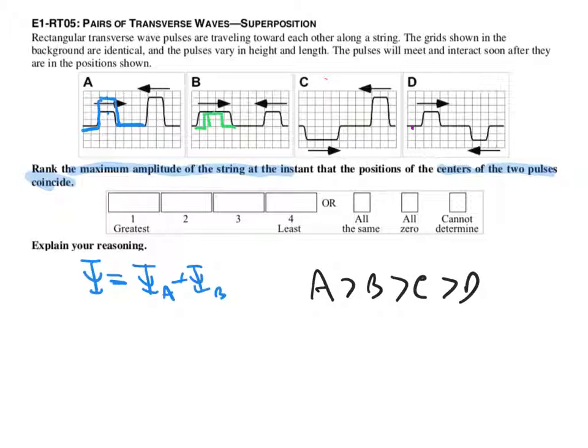If we draw the actual wave in, we'll highlight it. In this one, the actual wave would look something like going up to 6, like that. And in this one, it would look like this, up to the 1, up to the 4, back down, and like that.